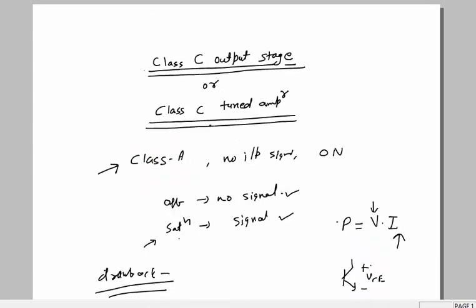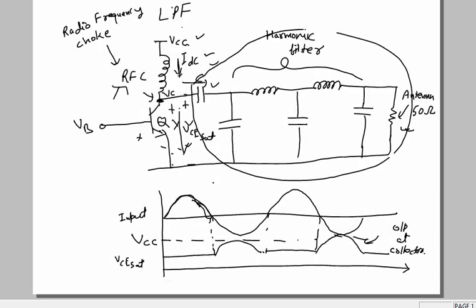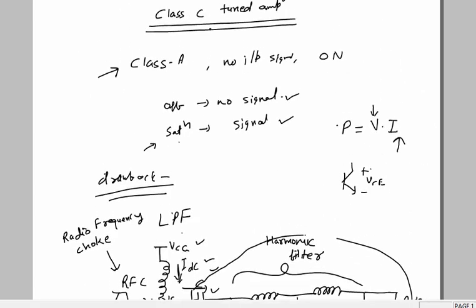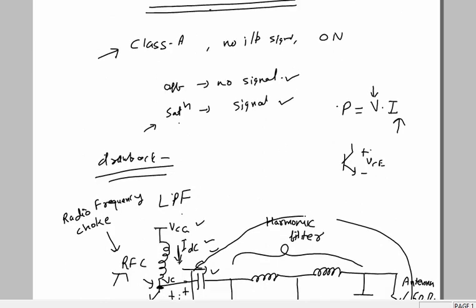In this lecture we saw the class C output stage, or class C tuned amplifier. Tuned, because it works on tuning for the frequencies. We saw that the class A power amplifier is always on even when no input signal is applied, so its efficiency is very poor. To remove that, we use the class C amplifier, in which the transistor is off when no signal is applied, and in saturation when the signal is applied.